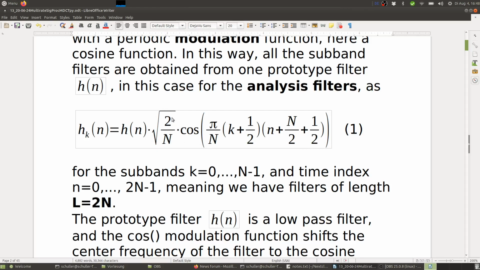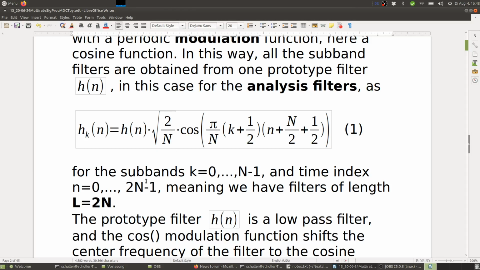Then we have this factor here, and which is also new, we have this window function h(n), also called the prototype filter. So this is new for this case, and also that now the time index n goes from 0 to 2N minus 1. Right?